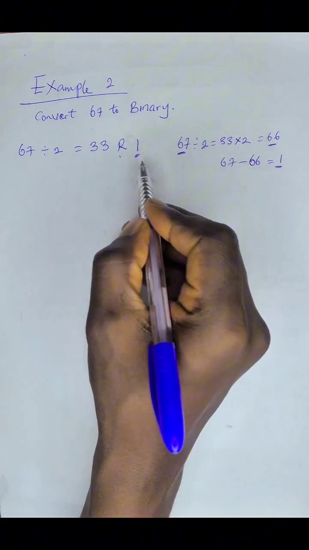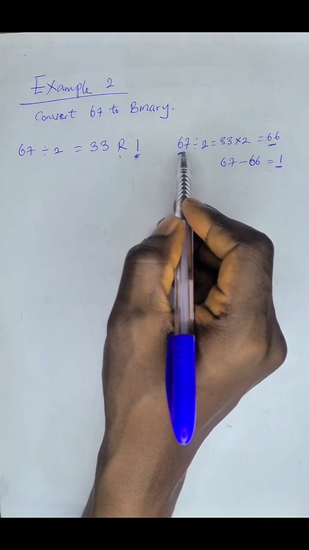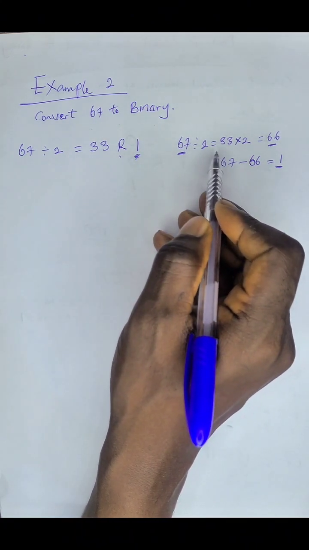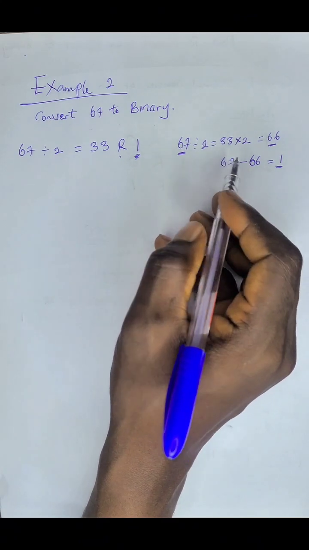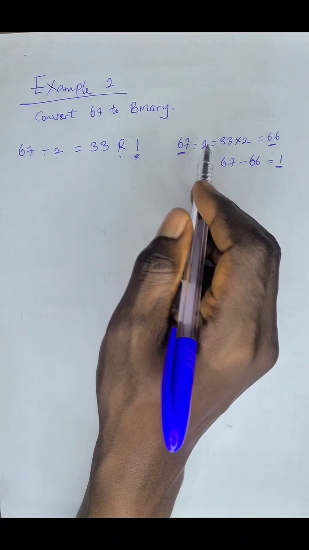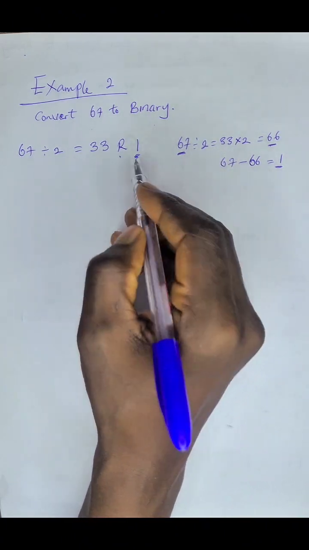So that is where we get the remainder 1, meaning that 2 can go into 67 33 times, remaining 1. So that is how we got this 1.